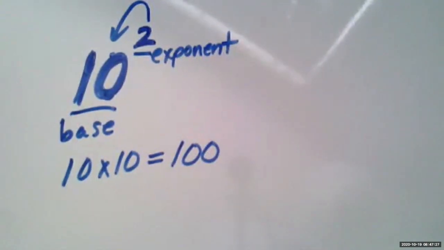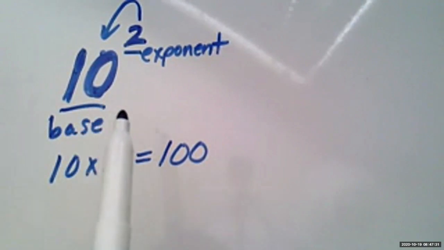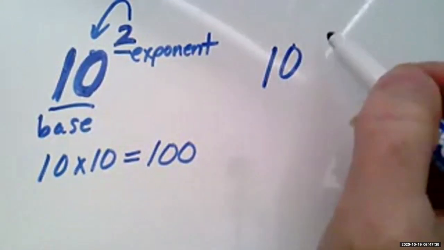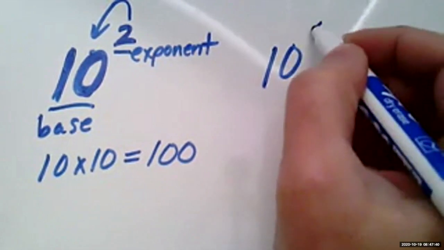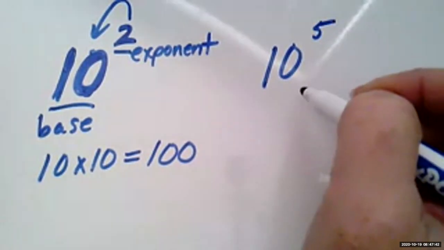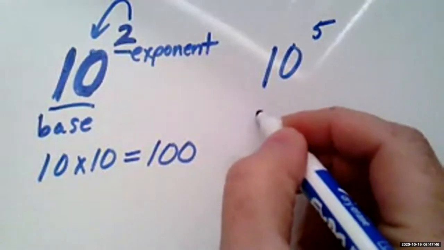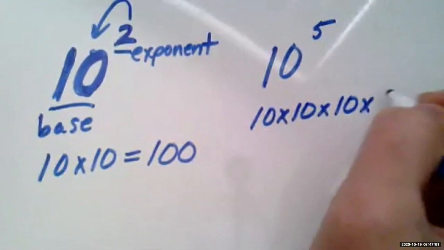Okay, and in fifth grade, you would have learned about multiples of tens, 10 to multiple powers, because you learned that there is a pattern that develops. If I said 10 to the fifth power or 10 with the exponent of 5, that means you would take 10 times itself 5 whole times.